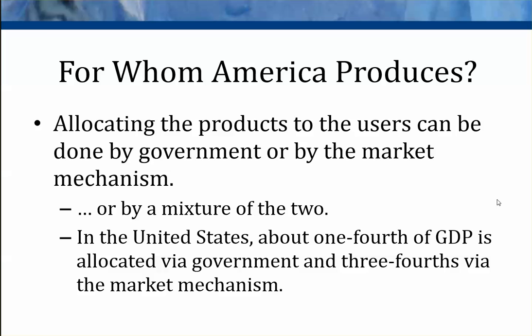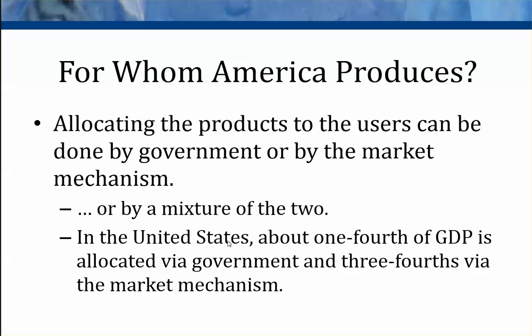So for whom America produces, it's about allocating the products to the users, which can be done by government or by the market mechanism, or by a mixture of the two. Remember, in the first chapter we talked about the different mechanisms. We have the government-centered mechanism and the market mechanism, but nowadays most countries adopt a mix of the two.